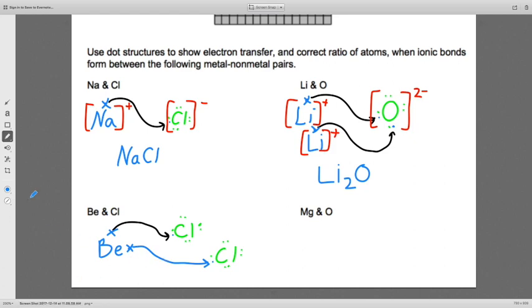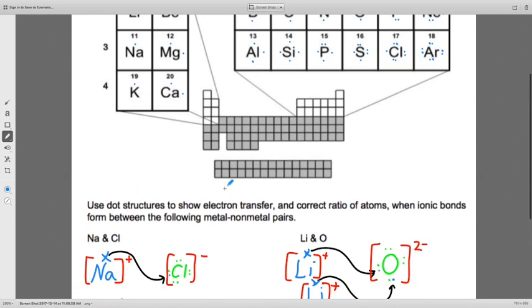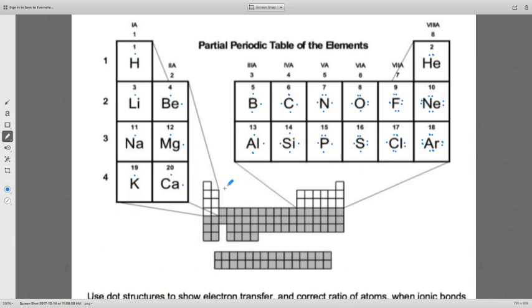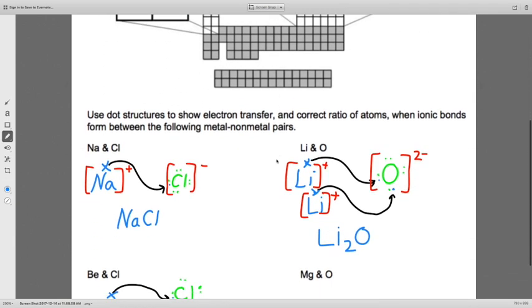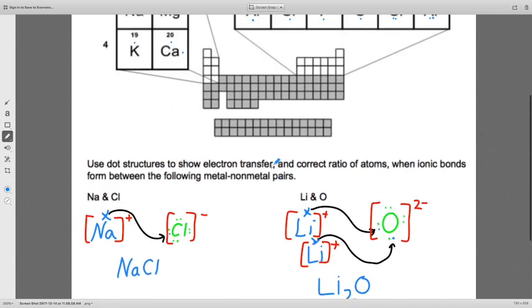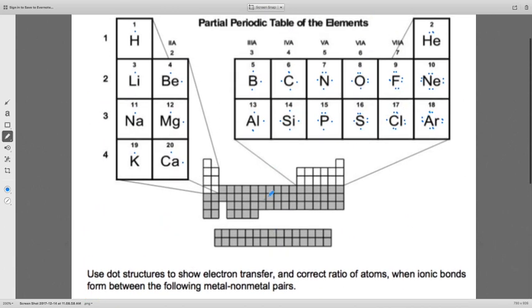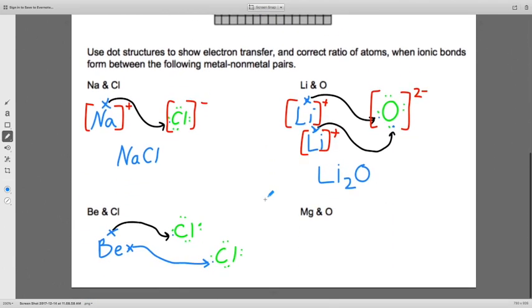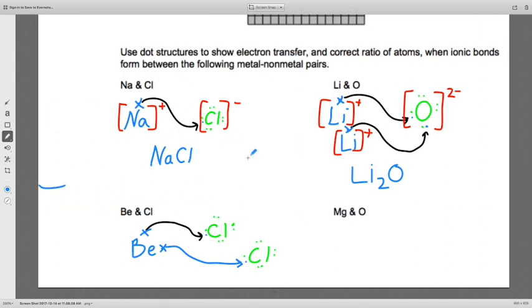And now beryllium has dropped down to the electron configuration of helium, following the duet rule. It's stable. And the chlorine has picked up the valence configuration of argon. So in writing the formula for this compound, we would write Be, there's only one, it's implied, Cl2.